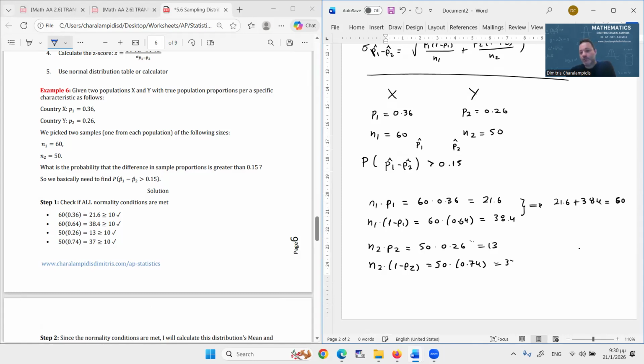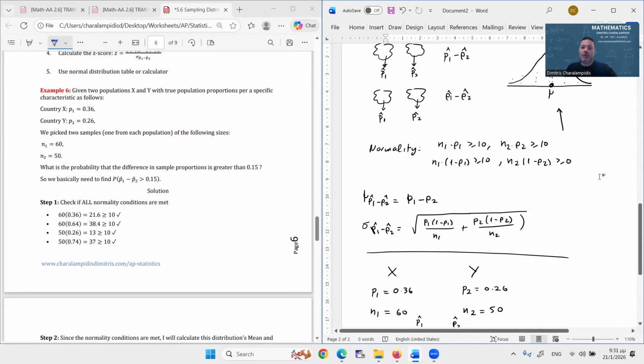And again, it's not a coincidence, these should always add up to the actual sample sizes, so that would have been 50. Anyways, all four conditions lead to numbers which are greater than 10, which means that they are met.